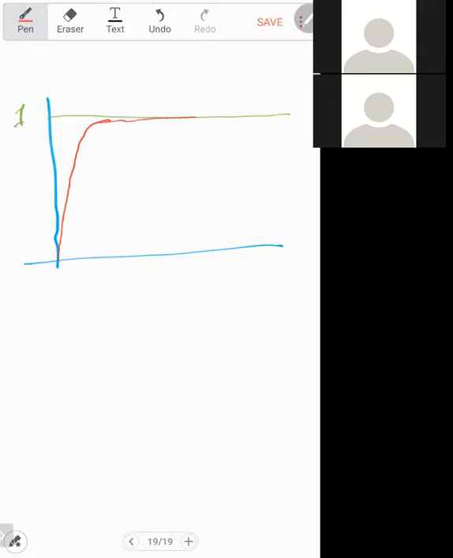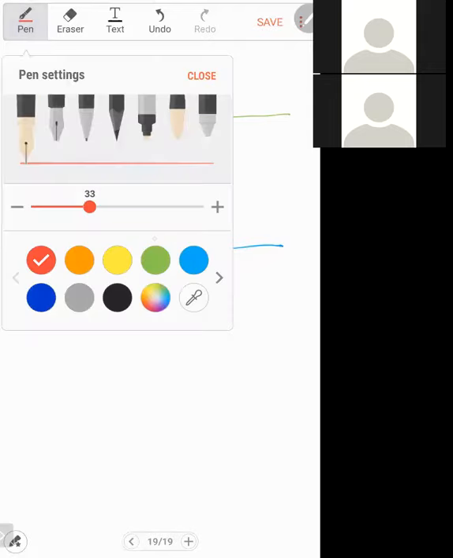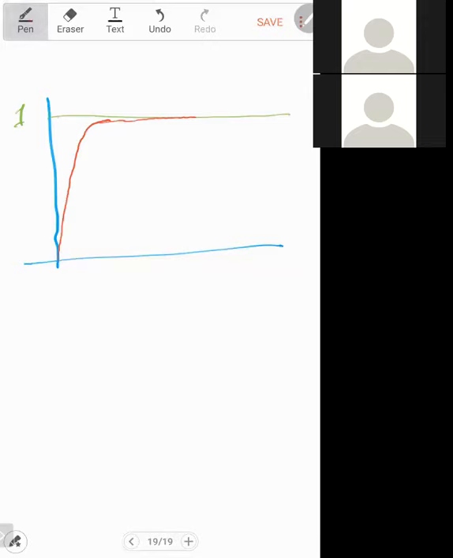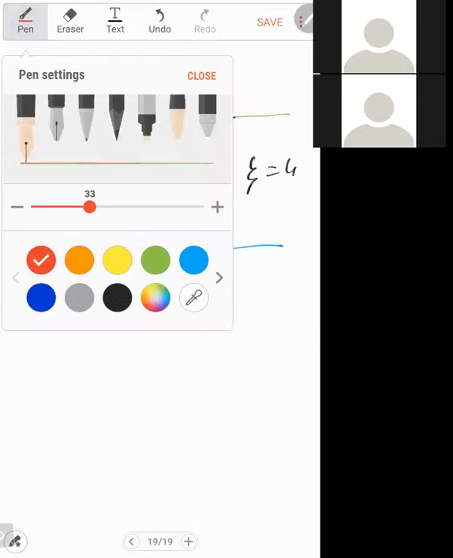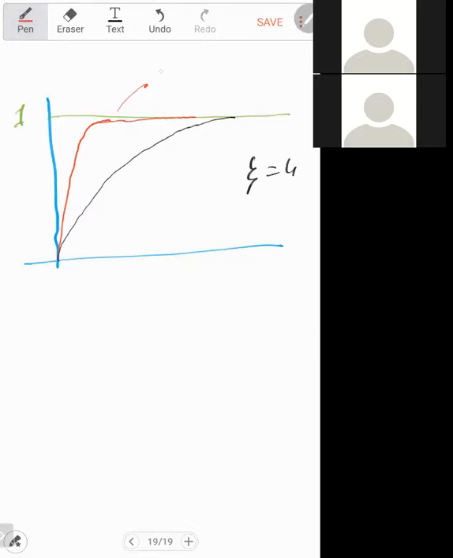So if you compare this with the over-damped case, for example, this one was the over-damped case. You see, for some zeta value, for zeta you can say is equal to 4. So here, the red one is for zeta equal to 1. So you see that the rise time improves.